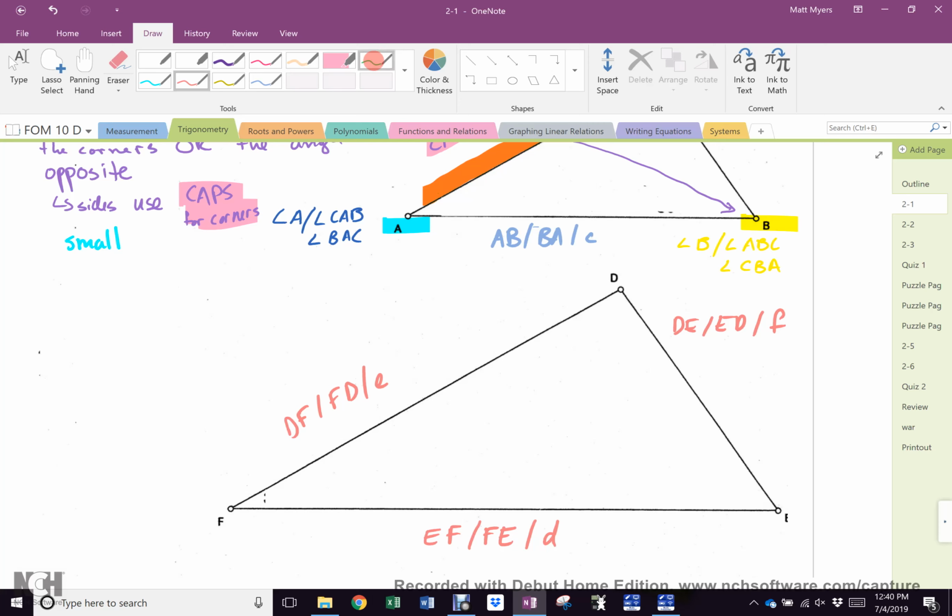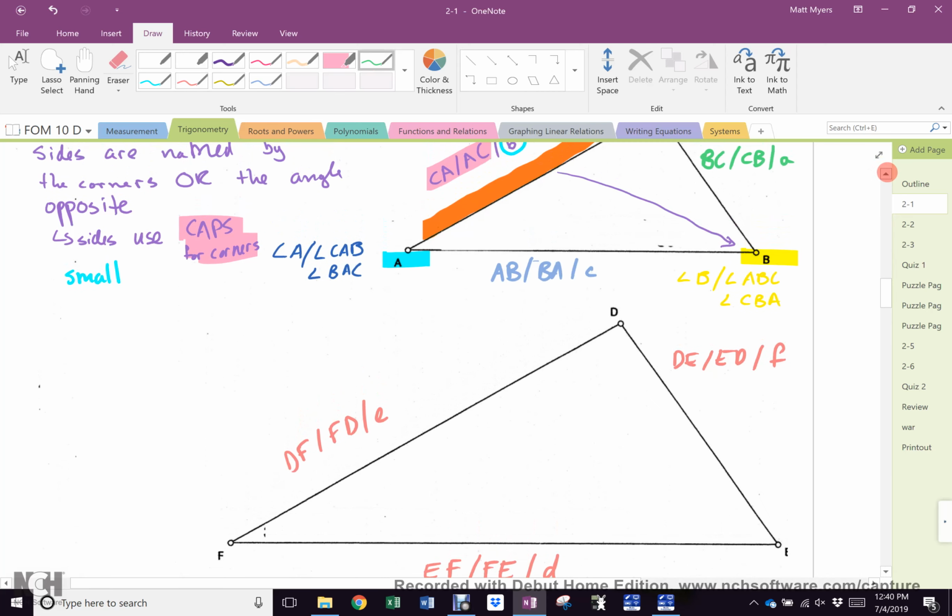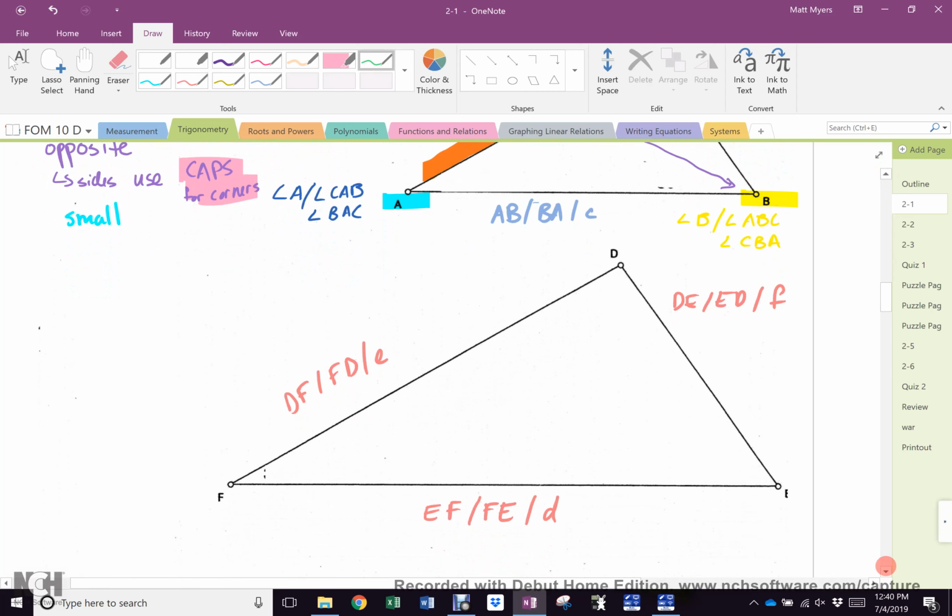Now, everybody should have that, right? Everybody's good? Okay. The first triangle on this page is named triangle ABC. Right? Now, if you look at the bottom triangle here, you will see that angle F and angle A are the same.